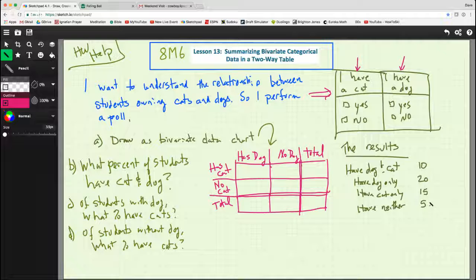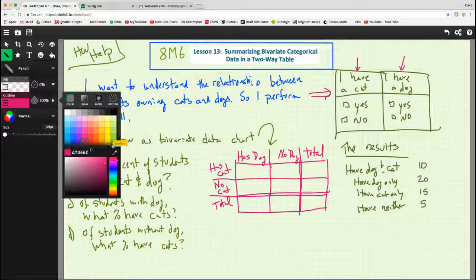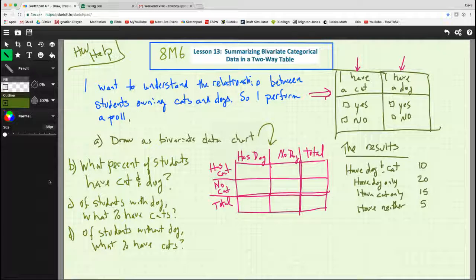So what I want you to do is fill out this bivariate data chart with my answers. And then, let me ask you another question too while I'm at it. How many students are in the class? This is like A1.